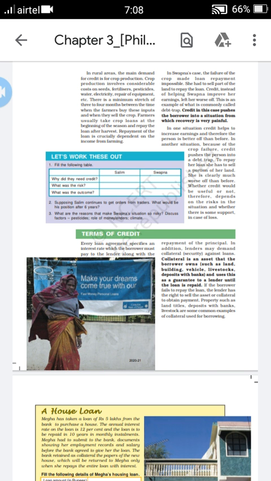Now when we are taking a huge amount from a bank, taking credit, taking a loan in a particular bank, they have their own rules and regulations, terms and conditions which will be applied on whoever is taking that amount.